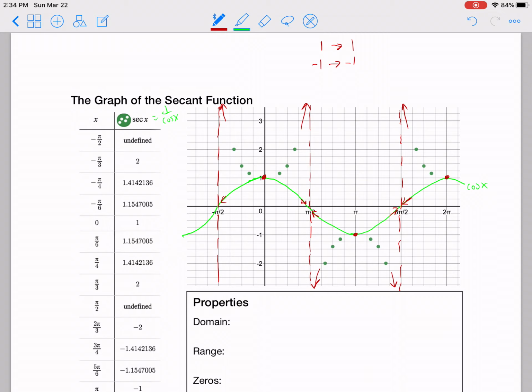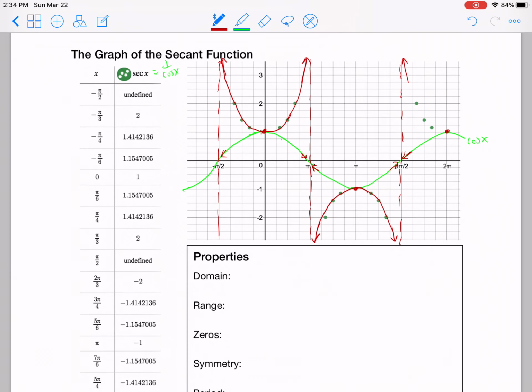And then here we're kind of medium, so we're just going to be medium far away, but we're going to be at 1, and you can connect these points because we have a whole chart of them right there, but you're going to basically get this shape. You're going to get these U shapes like this.